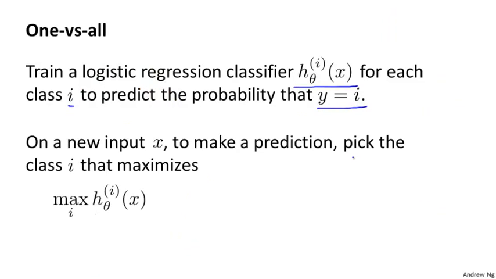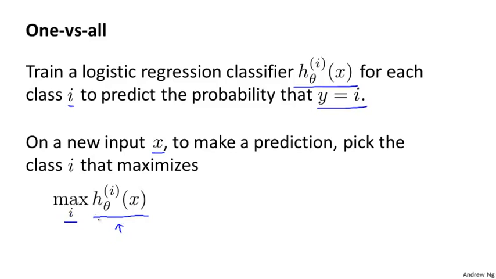Finally, to make a prediction, when we're given a new input x and we want to make a prediction, we just run all 3 of our classifiers on the input x, and we then pick the class i that maximizes the 3. So we just basically pick whichever one of the 3 classifiers is most confident, or sort of most enthusiastically says that it thinks it has the right class.